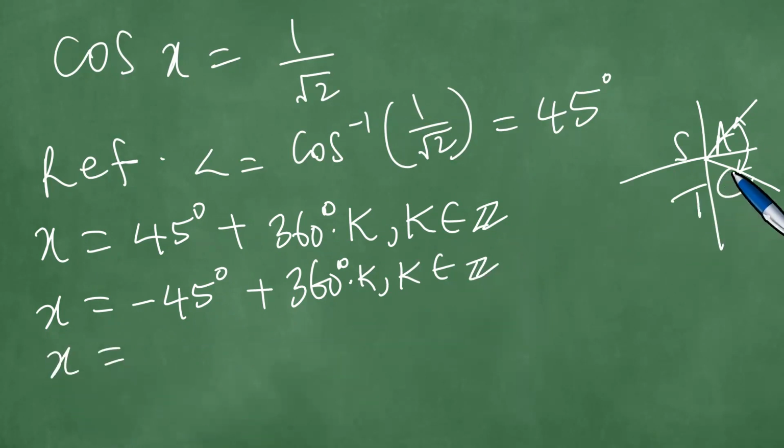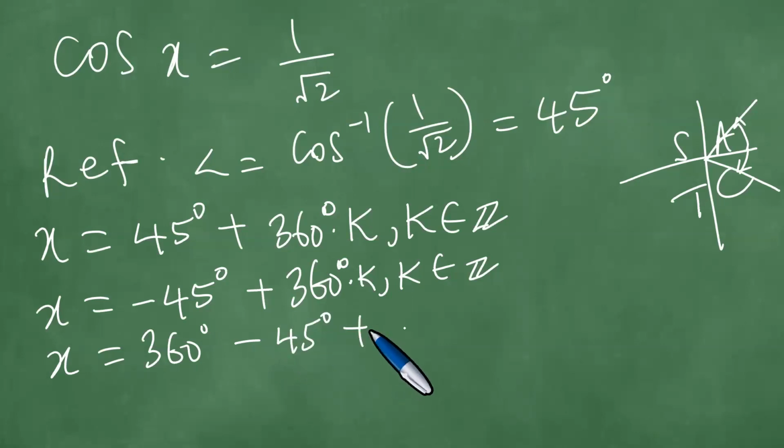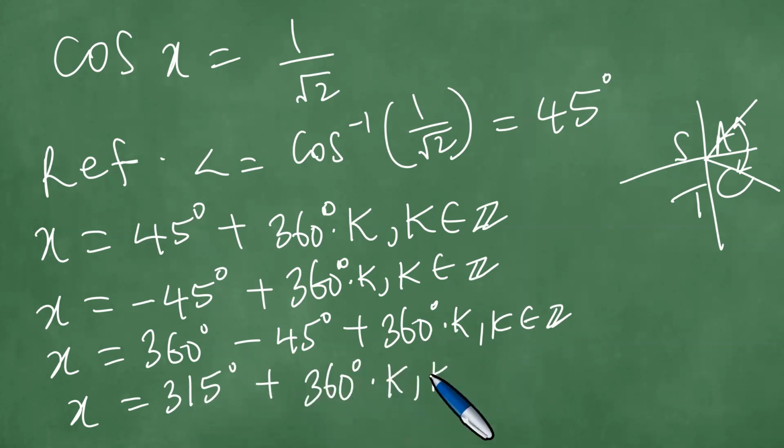We also can obtain the one in the fourth quadrant by using 360 degrees minus 45, plus 360 degrees times k in Z, which is 315 degrees plus 360 degrees k in Z. So, 45 degrees and 315 degrees.